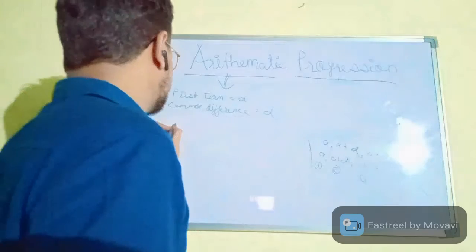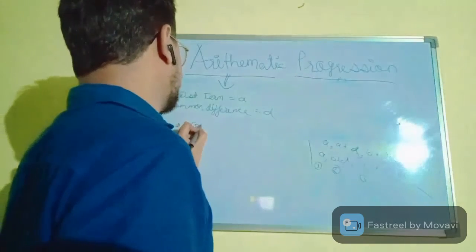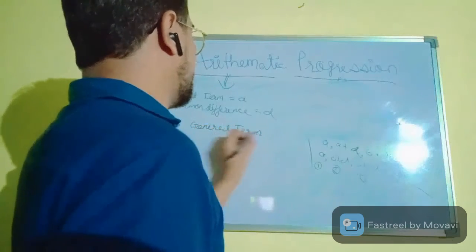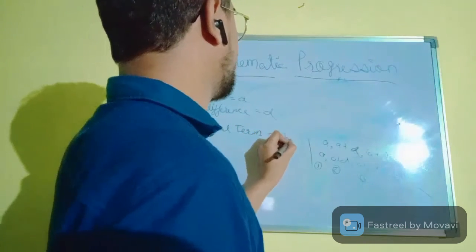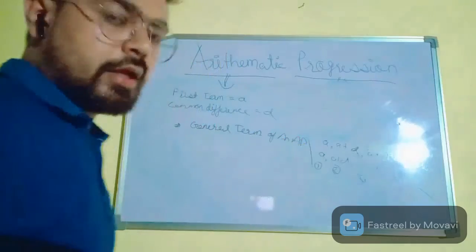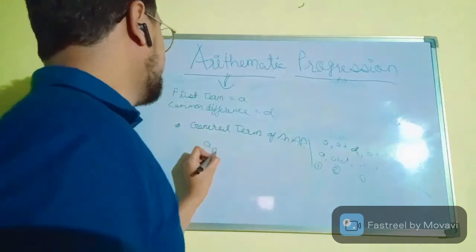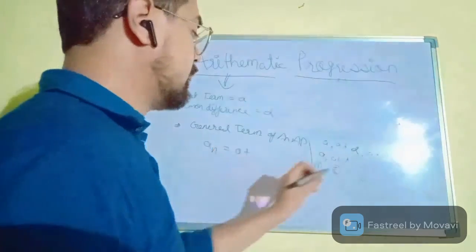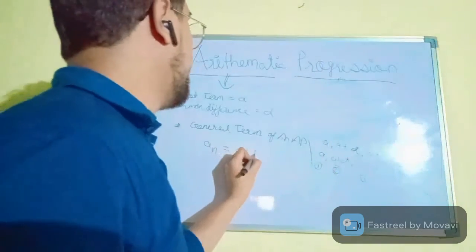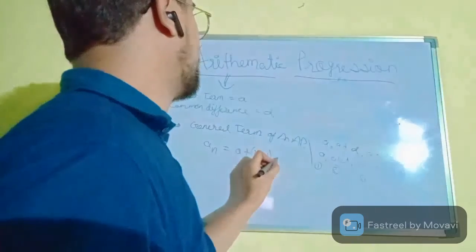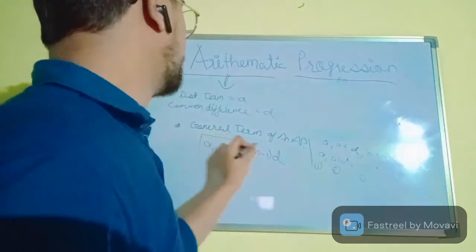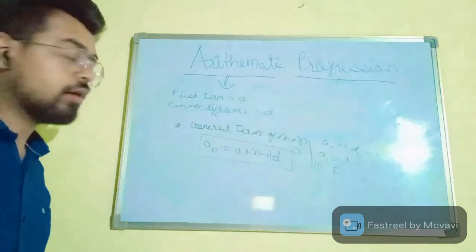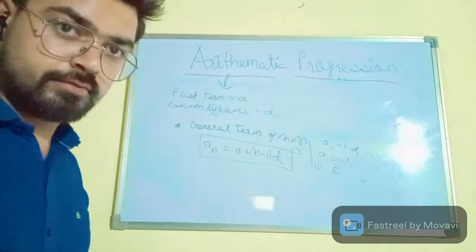So the general term of an AP is represented as An, which is given by A plus n minus 1 into D. This is the main formula to represent any arithmetic progression.